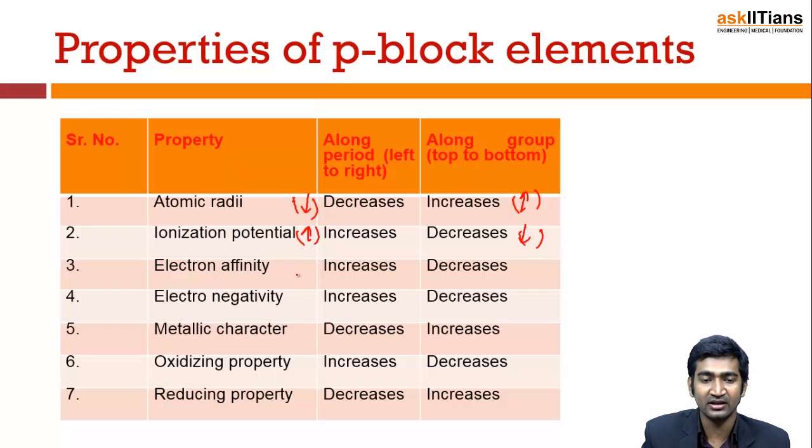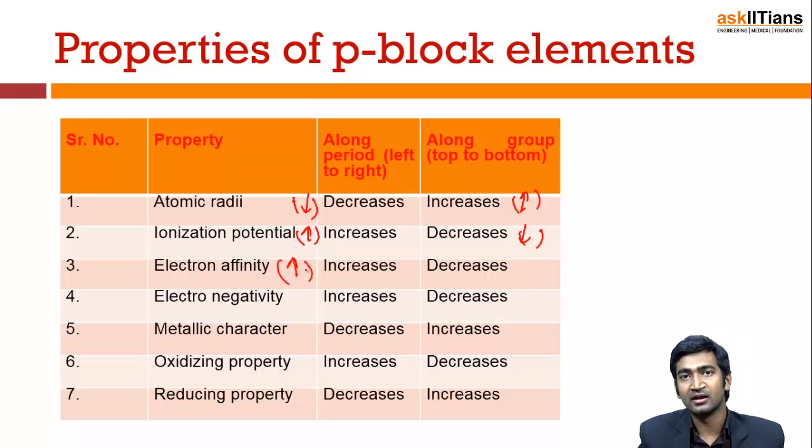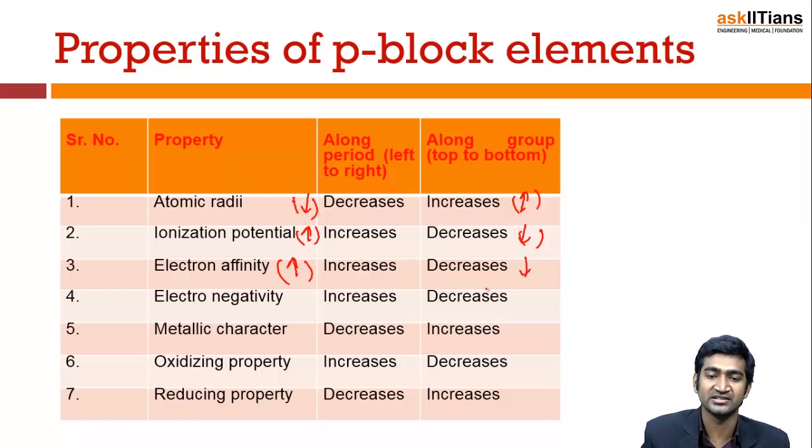Electron affinity will increase. What do you mean by increasing electron affinity? That means it is easier to pick up an electron there, and it decreases down the group. Electronegativity, you already know, increases if I move from left to right, and decreases from top to bottom.